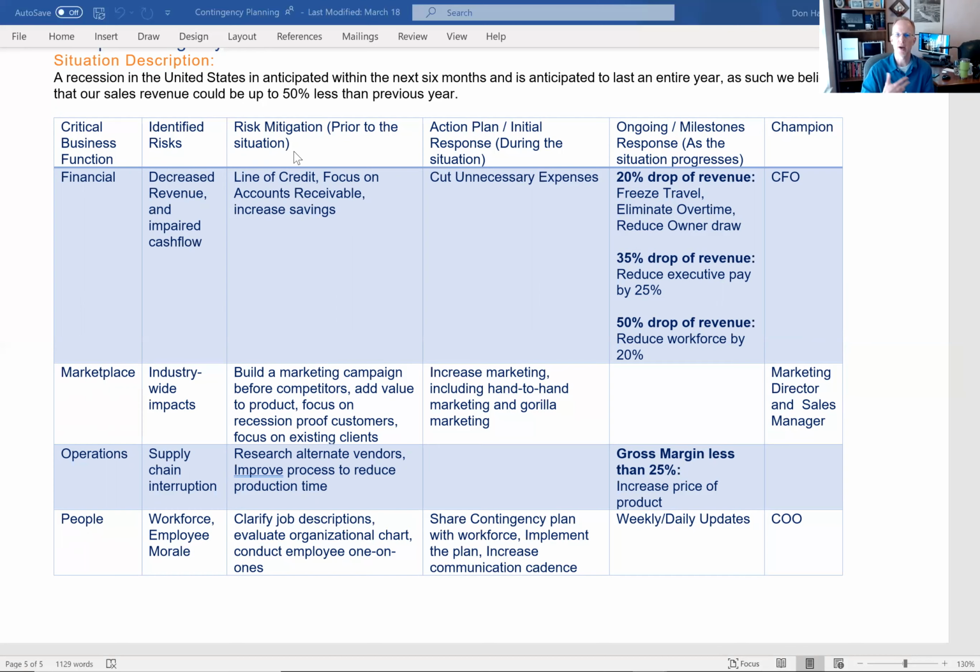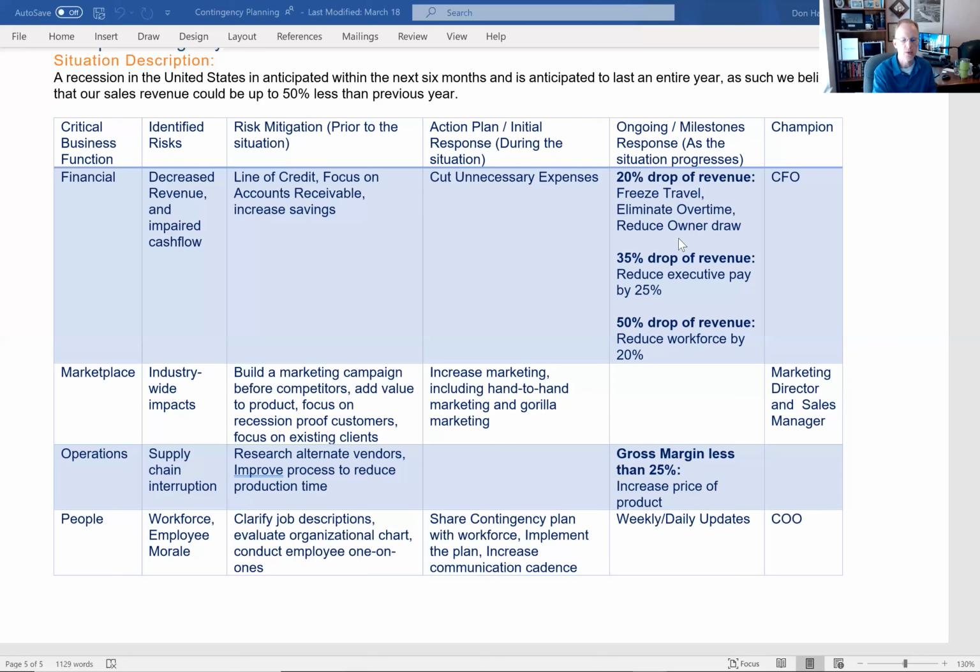Those are things you could do ahead of time, like opening up a line of credit or taking advantage of some of the government's relief packages. It's things like that. This next column here is the action plan or the initial response. That would be the things that you would put into place when whatever happens. So we need to be doing these cost control measures. It's just a list of stuff that you're going to do initially. It's what your initial response is going to be.